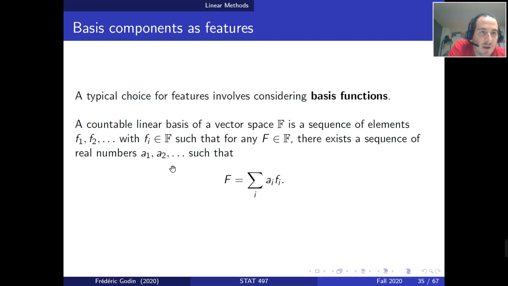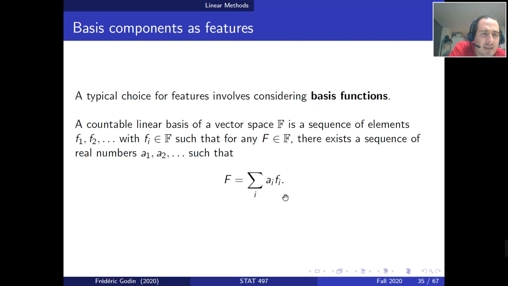So there are vector spaces of functions F where any function capital F within the vector space can be expressed as a linear combination, the sum across all elements i of a sequence fi, of constants ai times function fi.